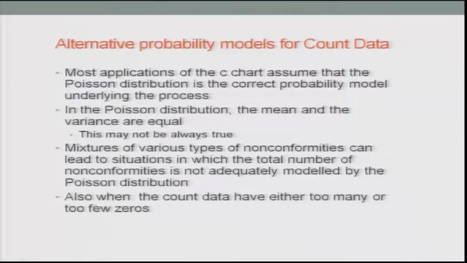Also, count data with either too many or too few zeros may be a problem, because the Poisson distribution is a discrete one, and in the discrete case we want to find out what the numbers are, like the number of defects or the number of good items. So, if there are too many zeros or too few zeros, then obviously the Poisson distribution may not be the actual case which will give you that information.